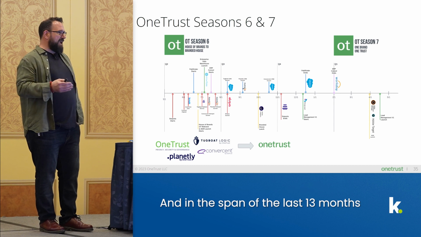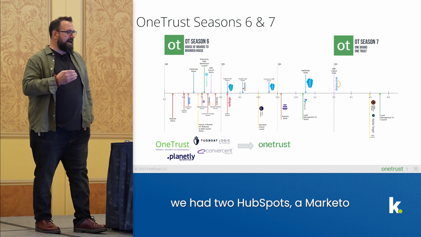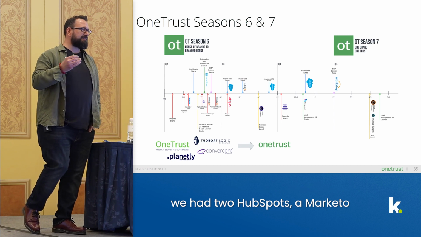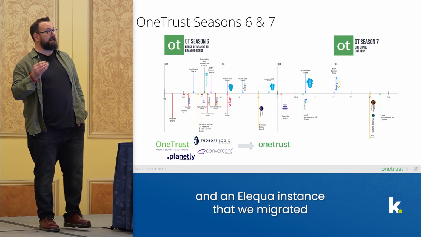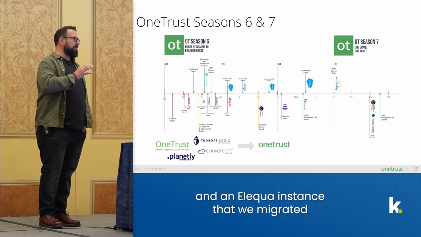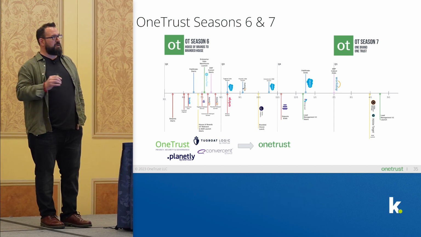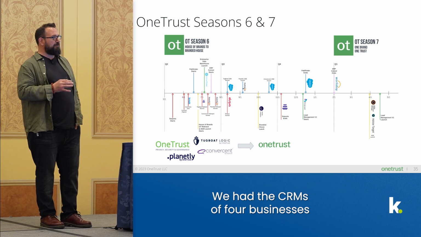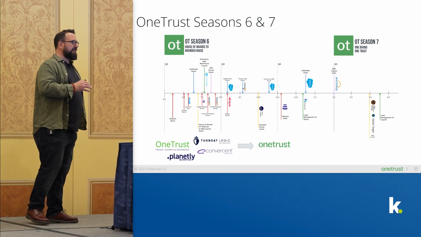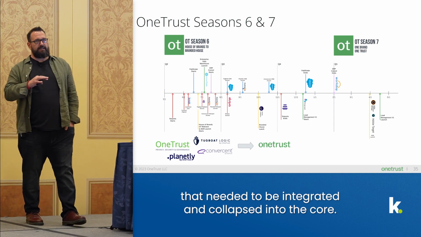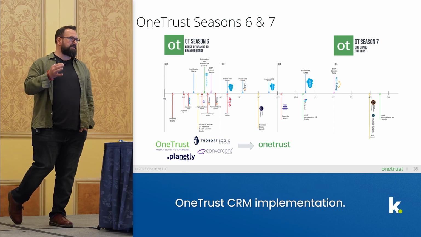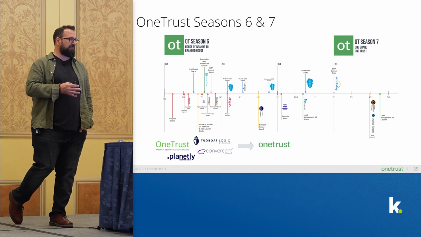And in the span of the last 13 months, we had 2 HubSpots, a Marketo, and an Eloqua instance that we migrated to a new Marketo instance. We had the CRMs of 4 businesses that needed to be integrated and collapsed into the core OneTrust CRM implementation.